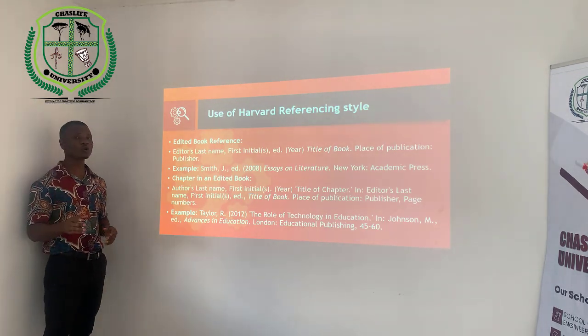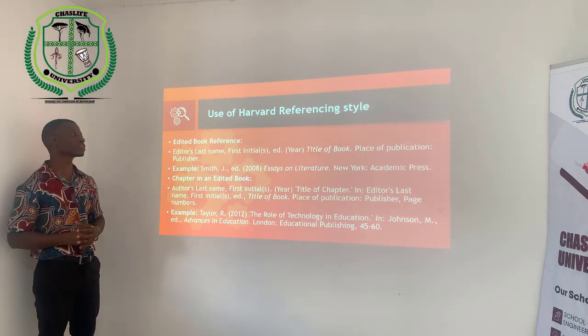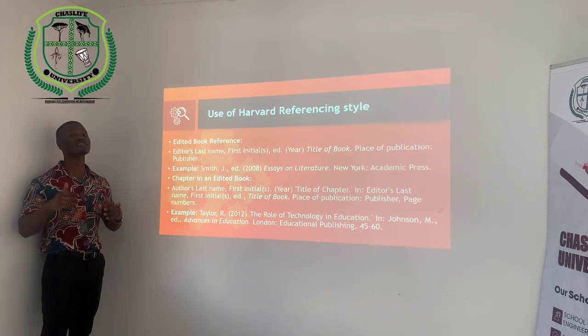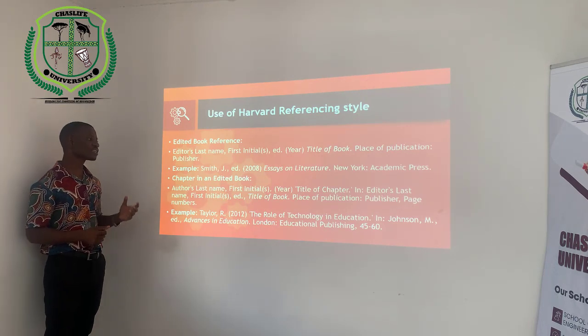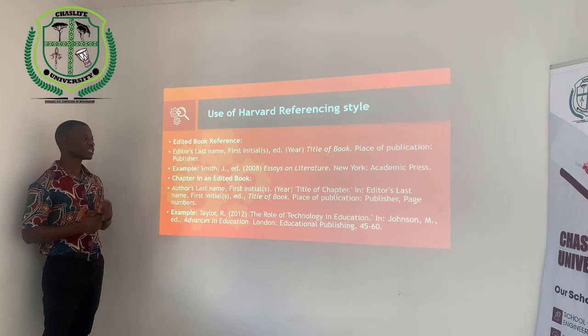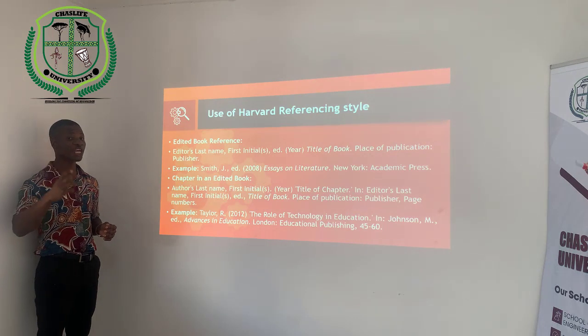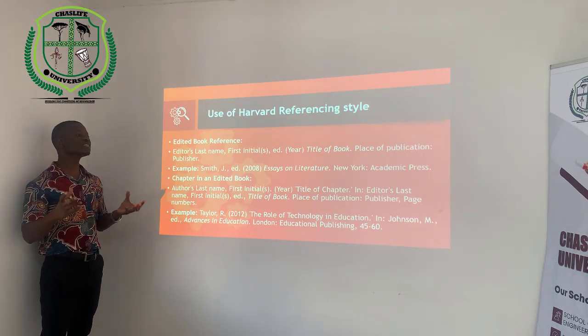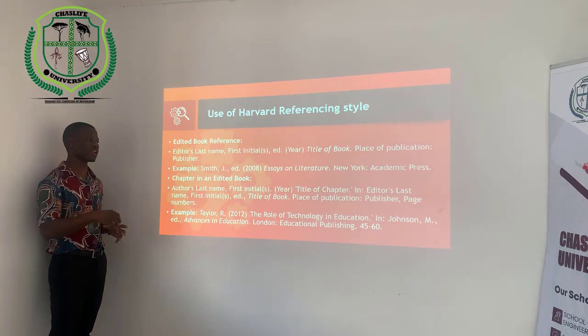Now, let us also look at a practical example on how you can cite when you are using edited book reference. For example, Smith, that is the last name, and J is the initial from the first name. And then 2008, that is the year.